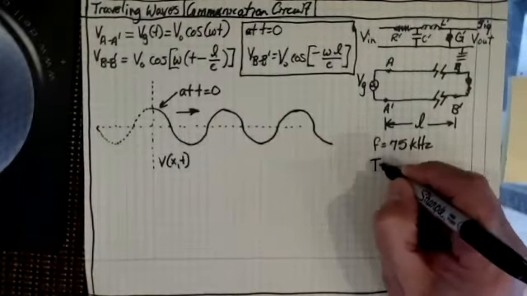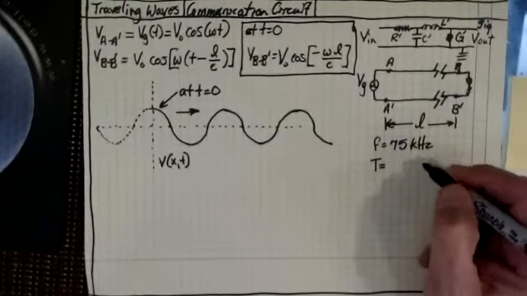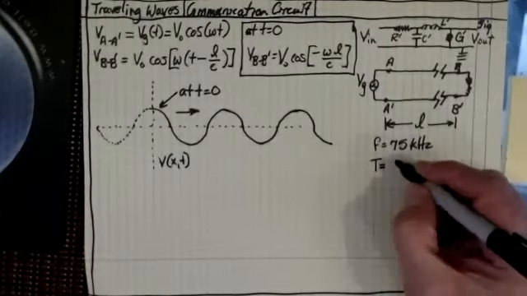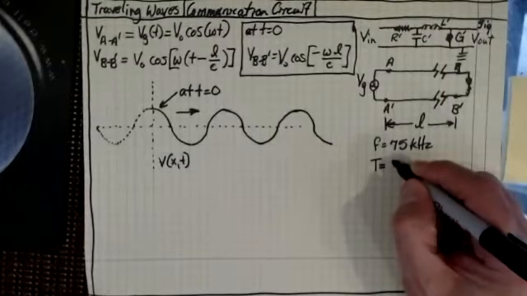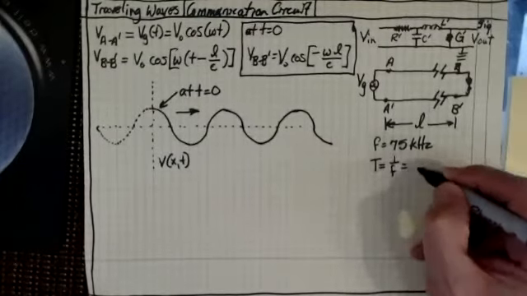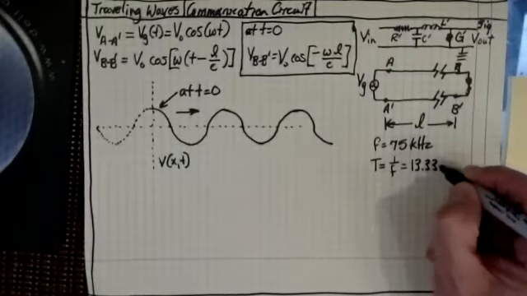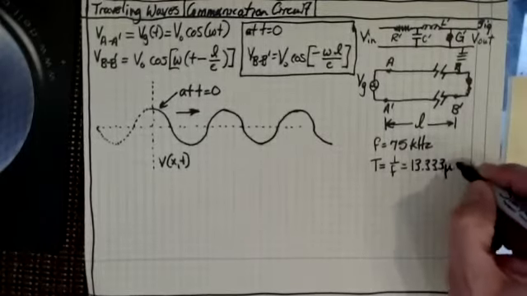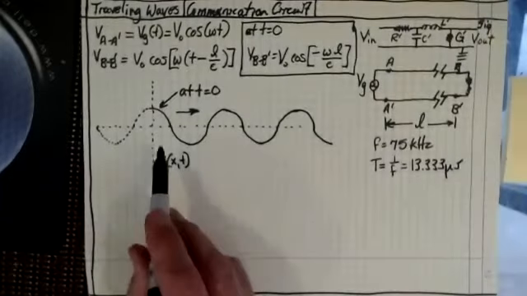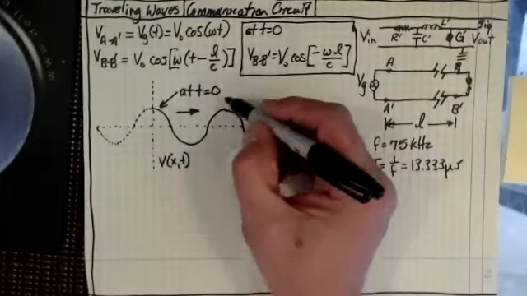It's all going to stay the same, because now that we've got the frequency, we can easily figure out what the period is going to be for one cycle of that frequency, isn't it? That, of course, is 1 over the frequency, and that is 13.333 microseconds, for a full frequency cycle.